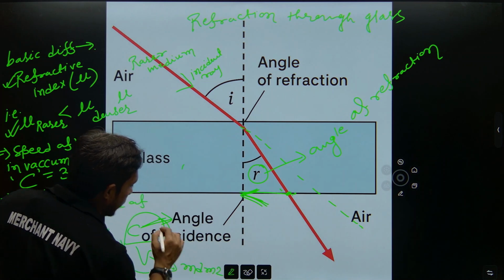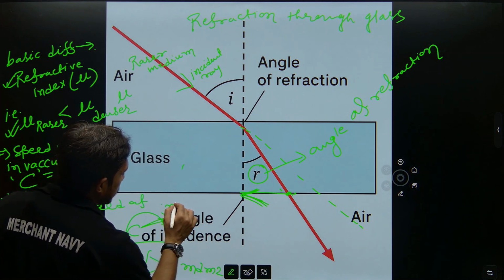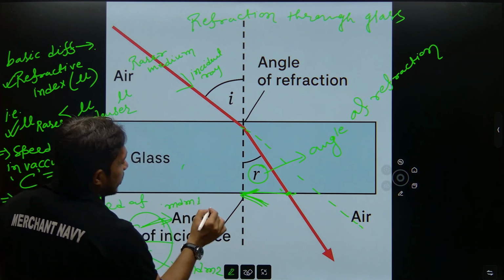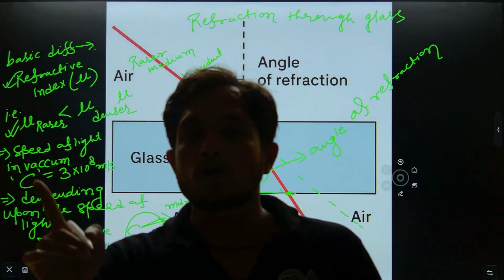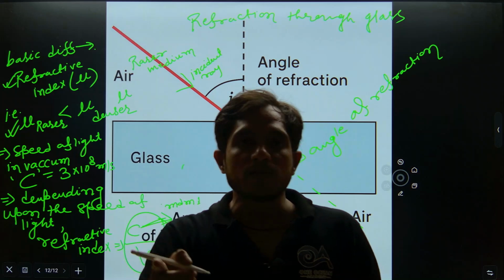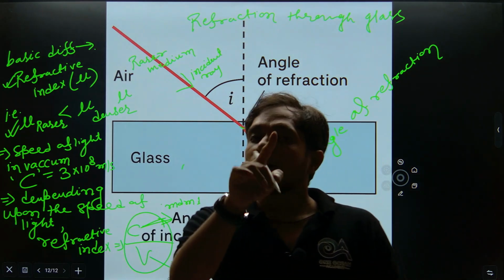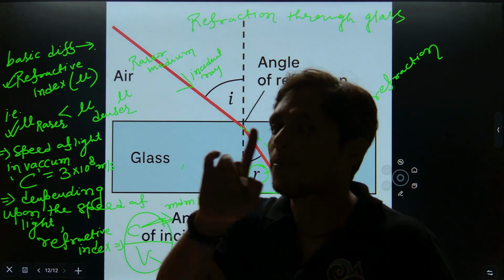So the ratio of the speed of light in medium first with respect to the speed of light in medium second is known as the refractive index of the material.